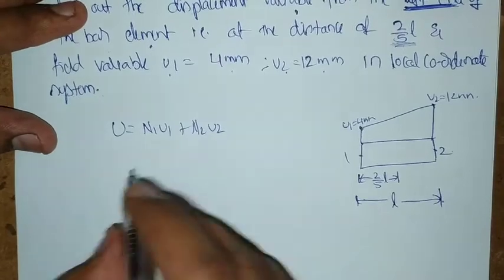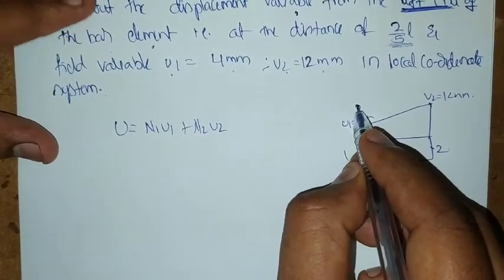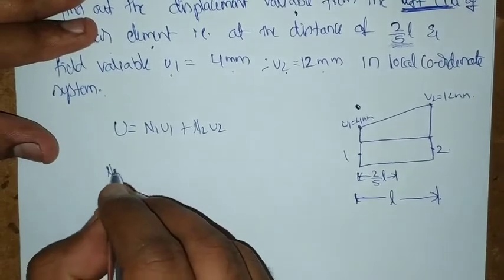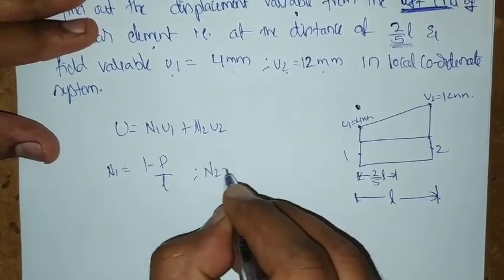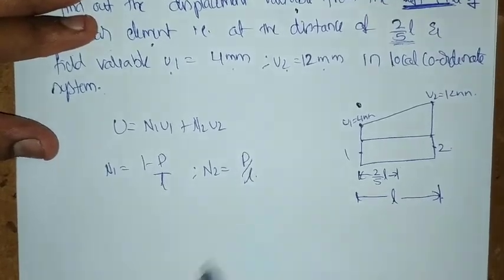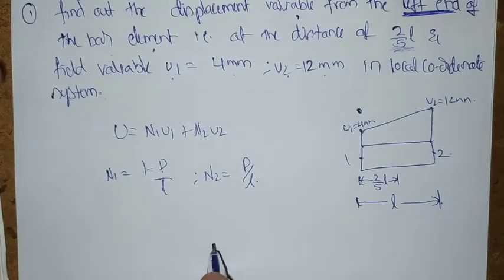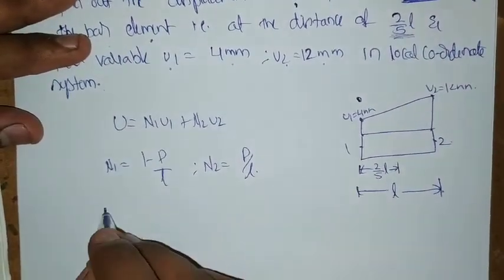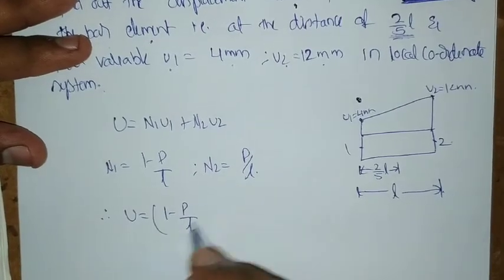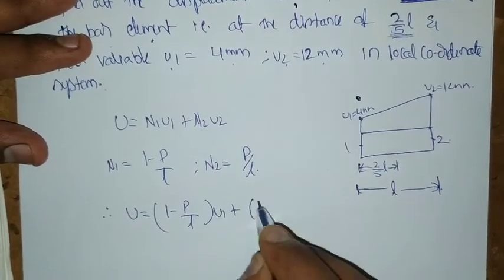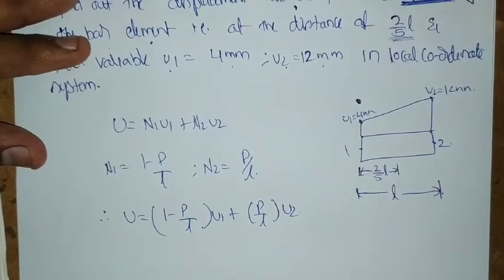In the local coordinate system, when we take from the left end, the shape function n1 is equal to 1 minus p by L and n2 is equal to p by L. This we have derived in the previous condition. Now just substitute these shape functions here, then u is equal to (1 minus p by L) into u1 plus (p by L) into u2.